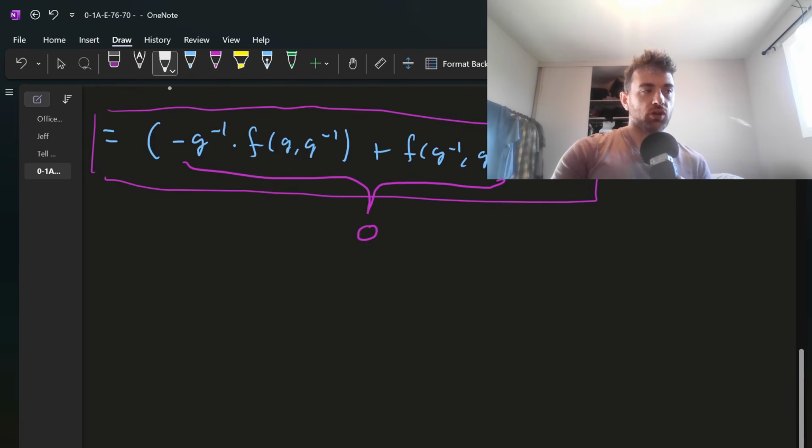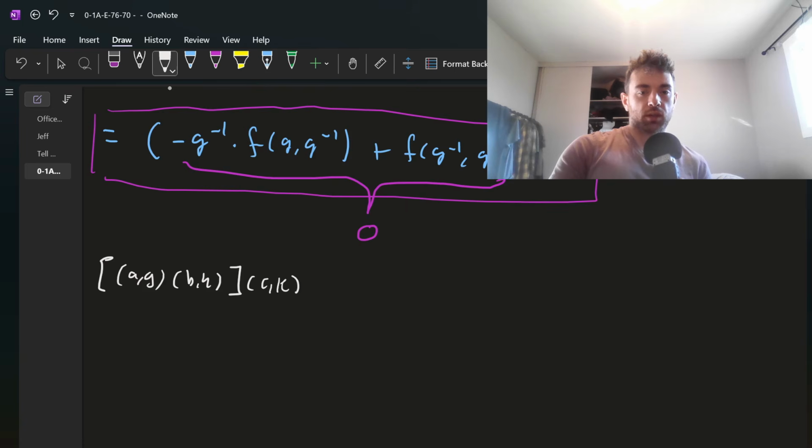So let's try and unpack that. So what am I going to do here? So first I will do AG times BH, and then I'll do that multiplied by CK. So if I multiply this out, what are we going to get? So this will be A plus GB. I'm not even going to write the dot here because there's a lot of writing.